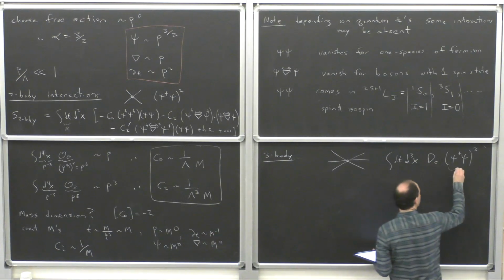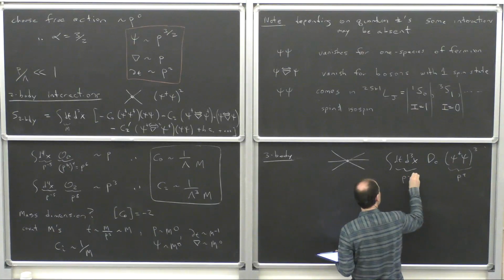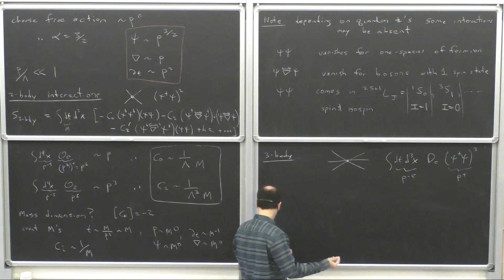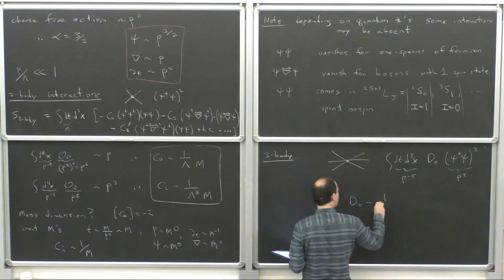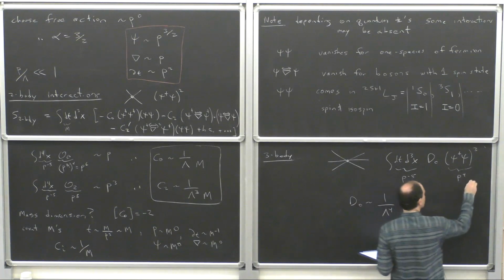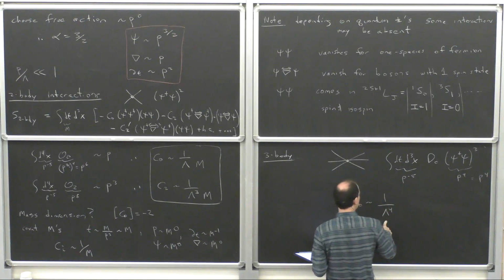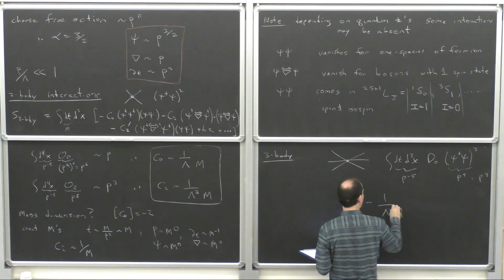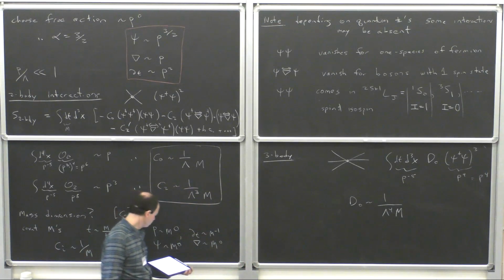Well, this is p to the 9. This is still p to the minus 5. So overall, I get p to the 4. So the D0 is going to want to have a 1 over lambda to the 4. This is matching it. There's going to be that 1 over m. And that's the right answer for the D0.